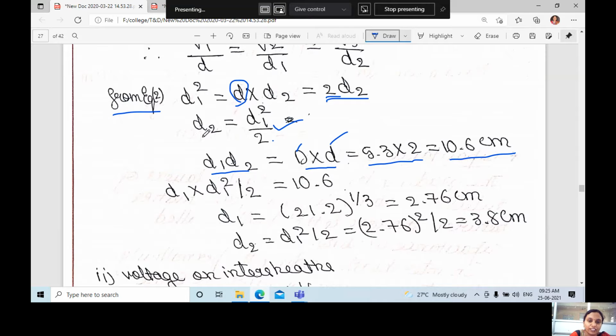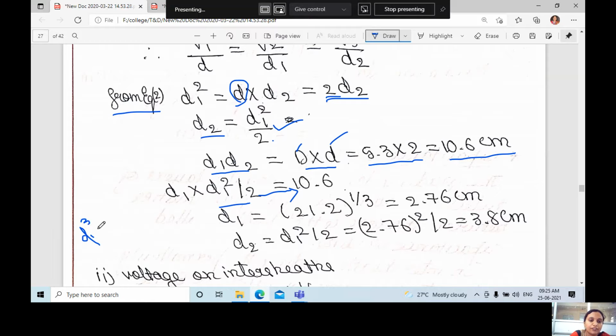Now we know the value of D2, that you substitute in the equation. D1 is equal to 21.2 to the power of 1 by 3 you will get. Just multiply 10.6 into 2, divided by D1 square. Here D1 cube it will become, because D1 square and D1 is there.